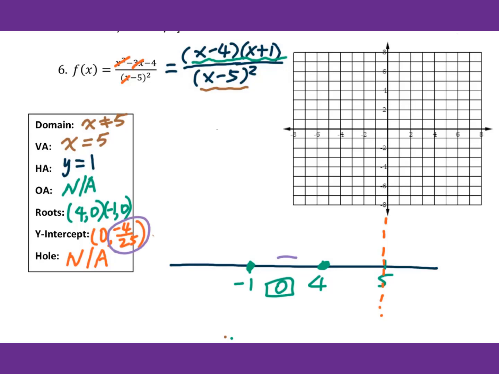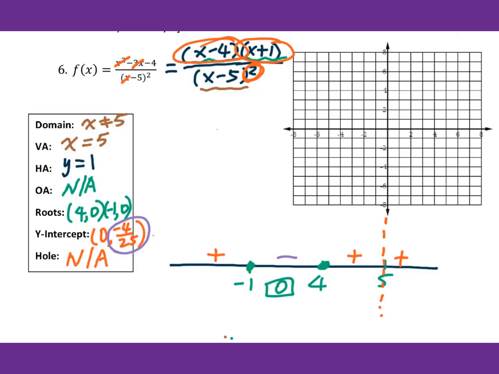Then check negative 1. The factor is x plus 1. This is a single factor, so we change the sign. 4 still is a single factor, we change the sign. Look at the 5. I got (x minus 5) squared, which means no sign change for the neighbor interval at x equals 5. So this is still positive.